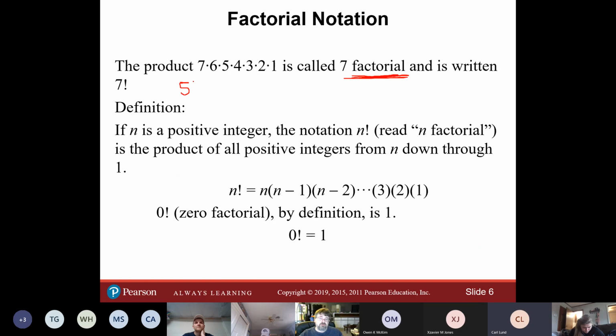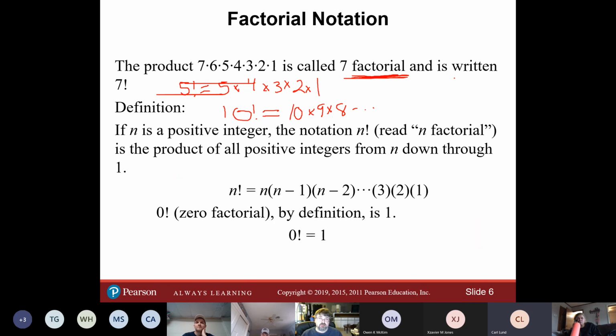So 5 factorial, for example, is 5 times 4 times 3 times 2 times 1. 10 factorial, I'm not going to write all of these out, but 10 factorial would start with 10 times 9 times 8, and it would keep going, times 7 times 6 times 5 times 4 times 3 times 2 times 1. 20 factorial is 20 times 19 times 18 times 17 times 16, and so on.